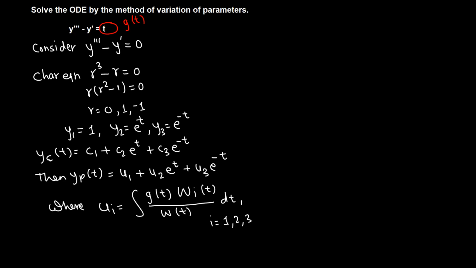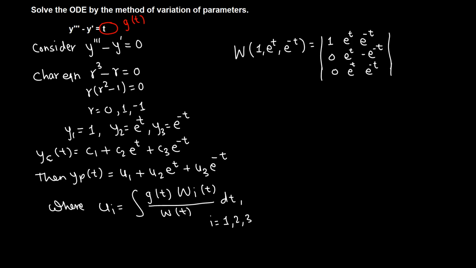Let's find W on the side here. The Wronskian is the Wronskian of our three solutions, 1, e^t and e to the negative t. To find the Wronskian, we write those three functions on the first row, find their derivatives on the second row, again find the derivative of this in the third row.